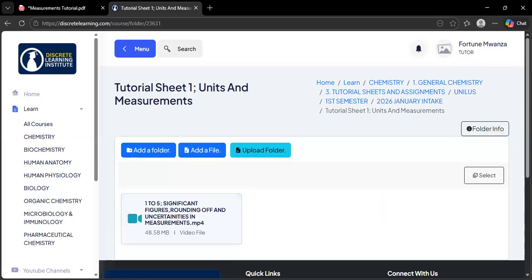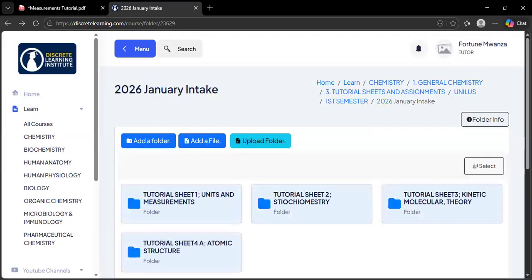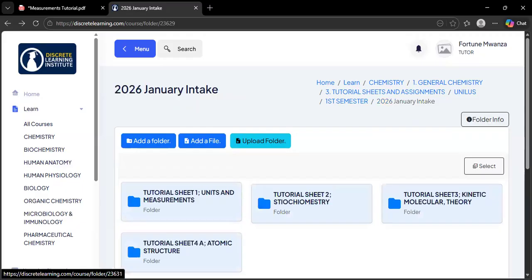Even for the other sheets on stereochemistry, chemical kinetics, and chemical molecular theory, you are going to find them. Then the atomic structure as well, the full video solutions are there.